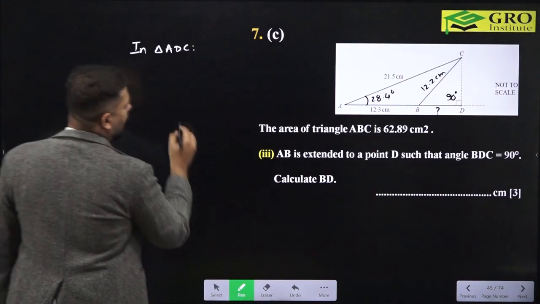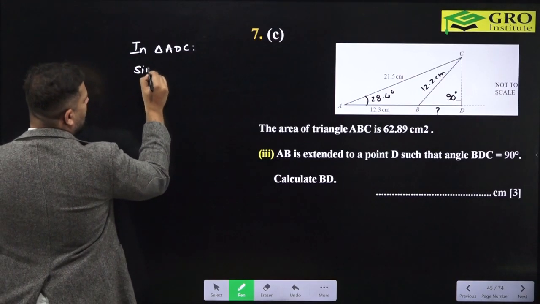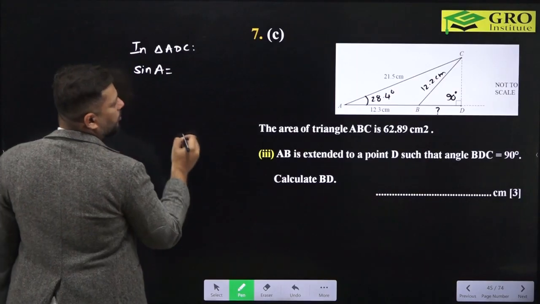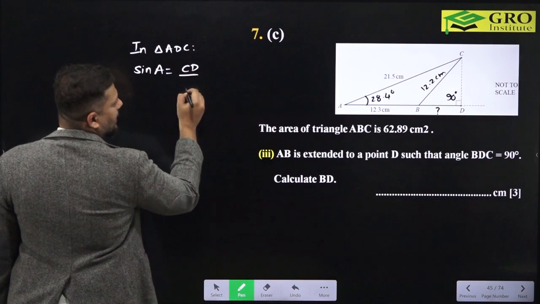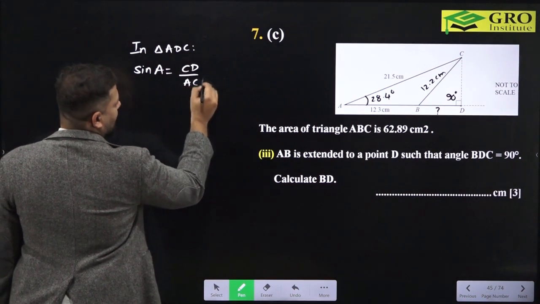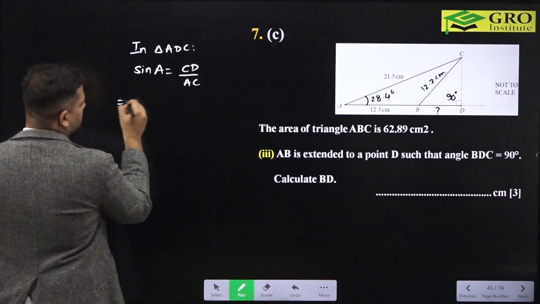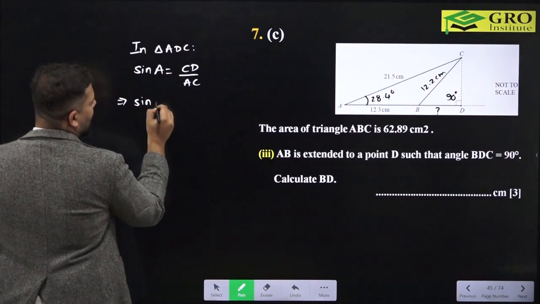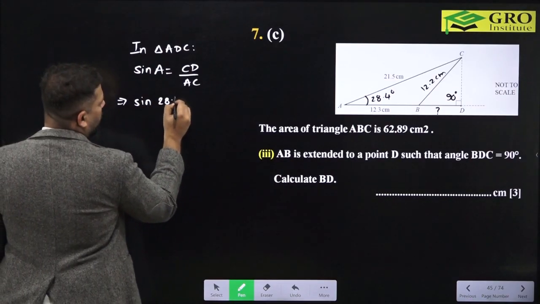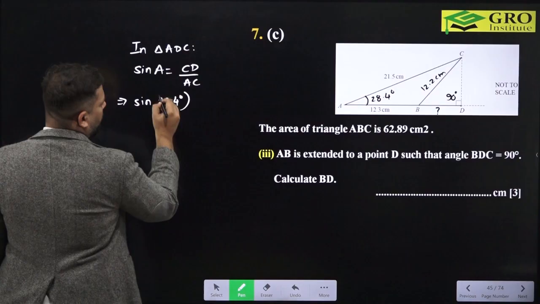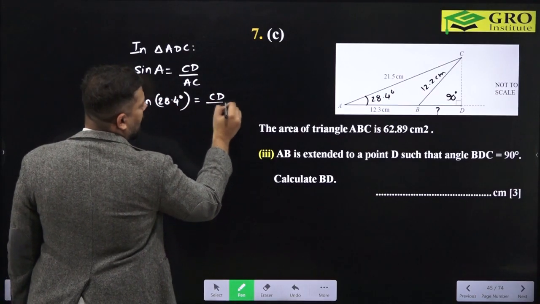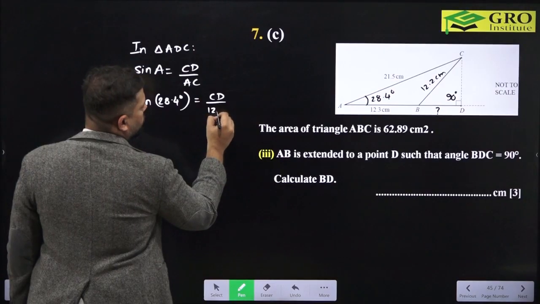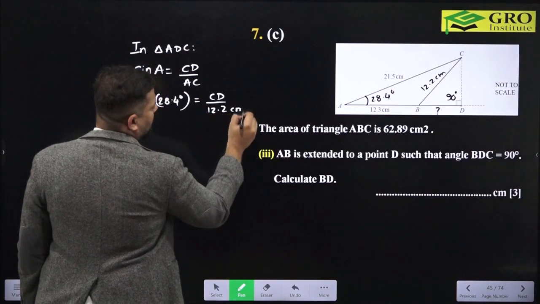In triangle ADC, sine of angle A would be perpendicular upon hypotenuse, perpendicular being CD and hypotenuse is AC, isn't it? Let us substitute the values. A is 28.4, so we will write sine of 28.4 degrees is equals to CD upon AC is 12.2 centimeter.